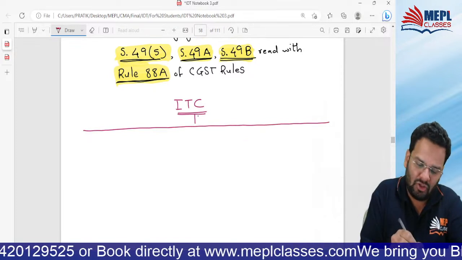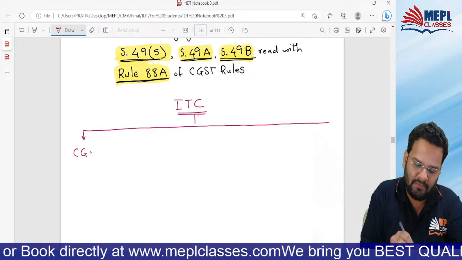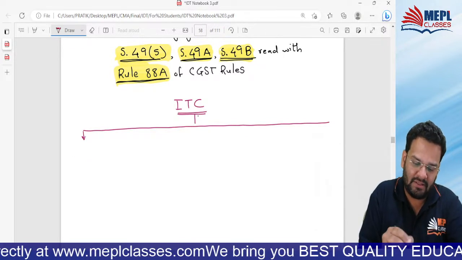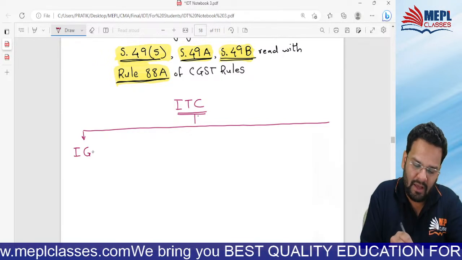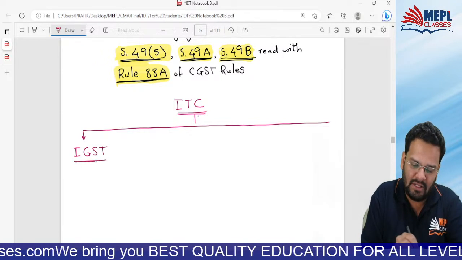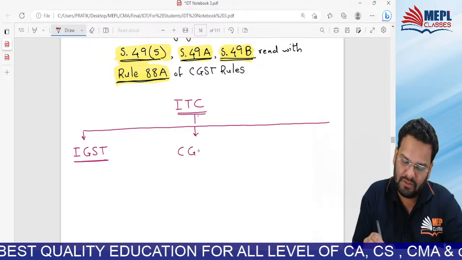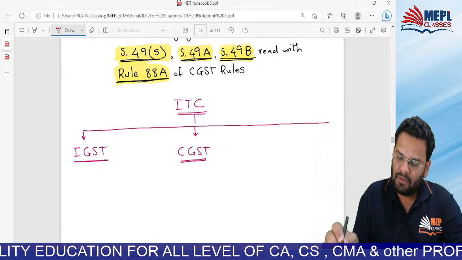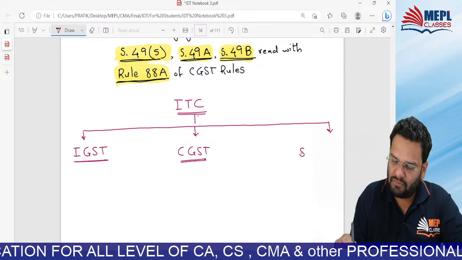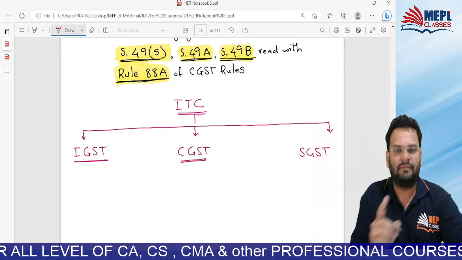Let me write it like this. You can have balance of IGST. You can have balance of CGST. You can have balance of SGST. Agreed?